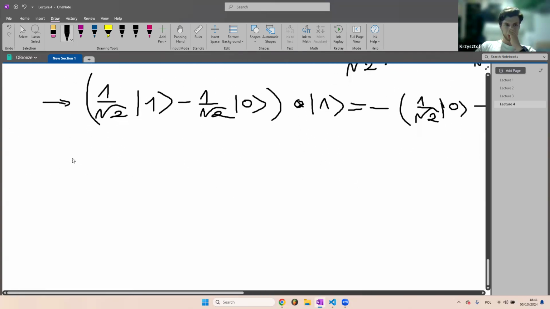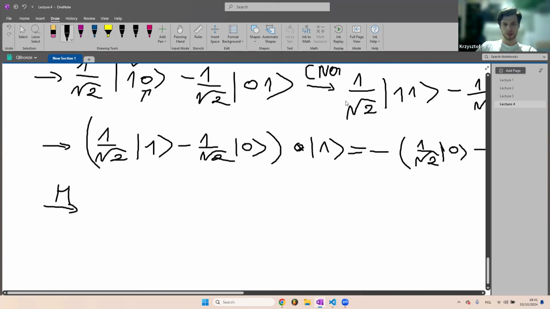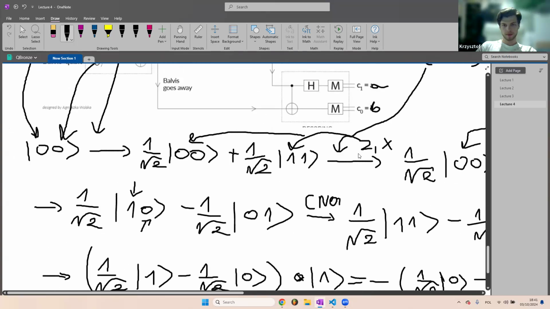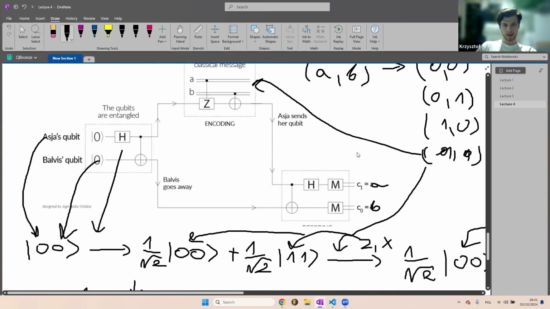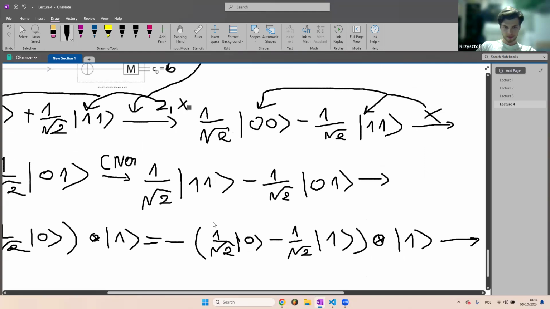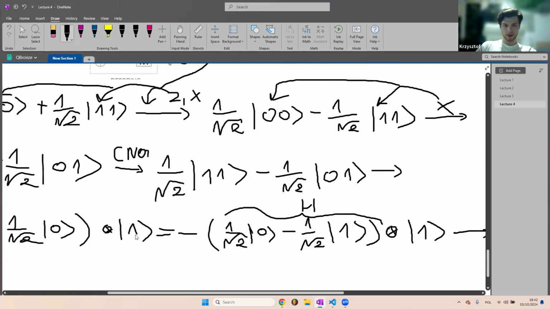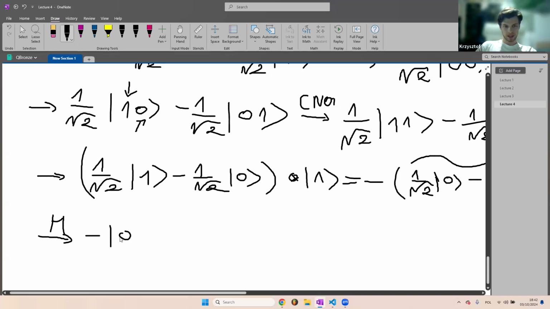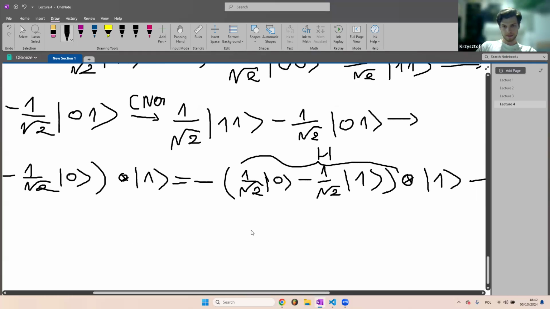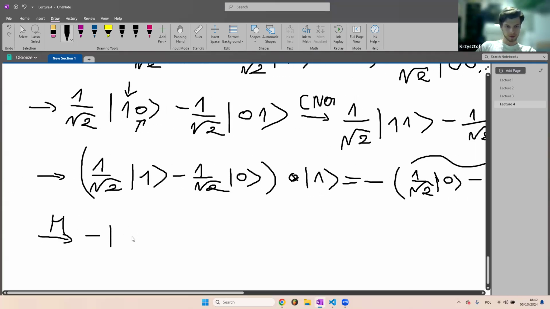Now, applying a Hadamard operator on this qubit will give us, I'm sorry, this will give us minus 1. Minus 1, tensor product with 1, which is equal to minus 1, 1.